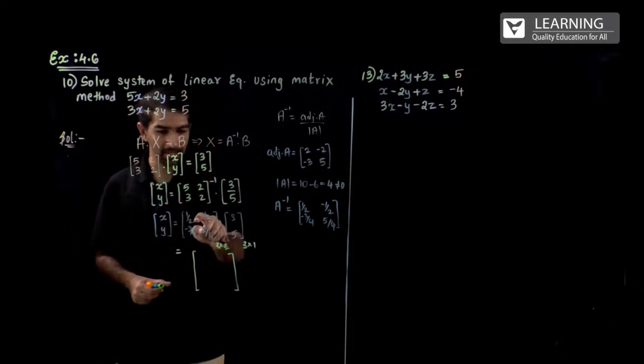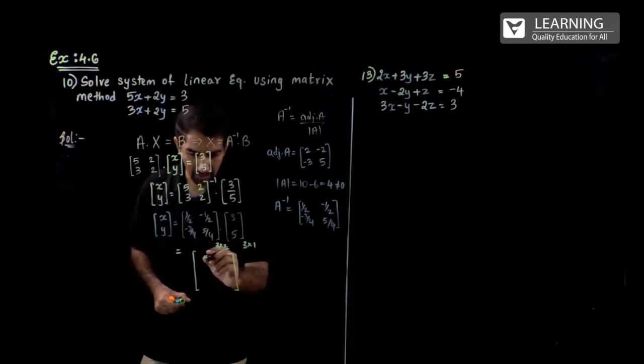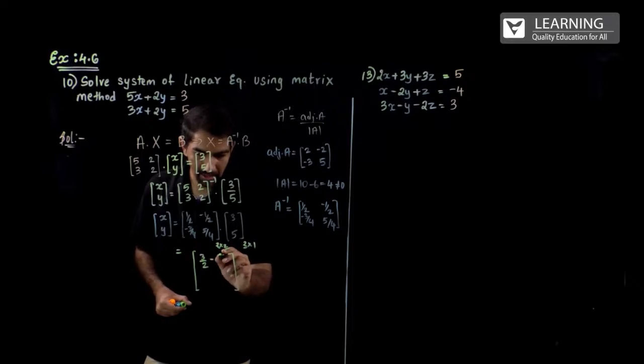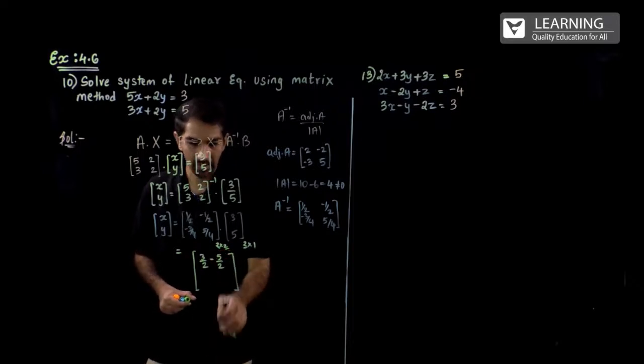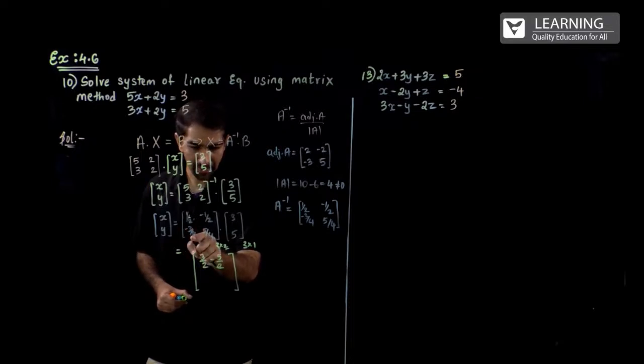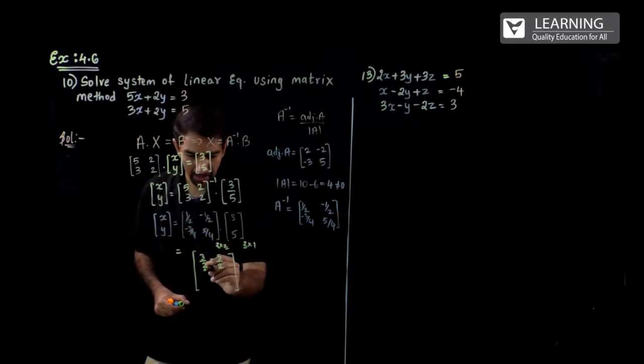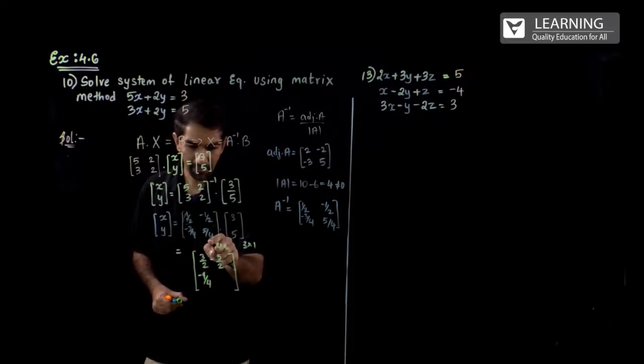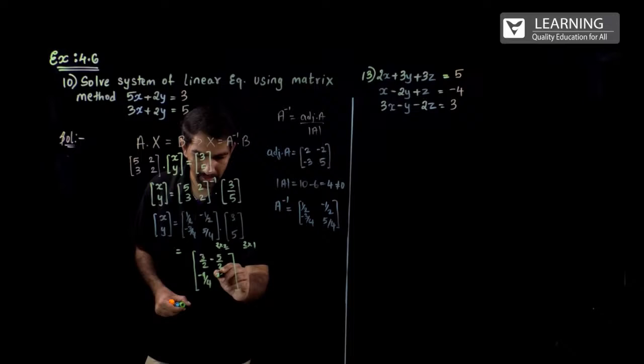Okay, now matrix multiply. 1 by 2 into 3, so that is nothing but 3 by 2. Minus 1 by 2 into 5, so that is nothing but minus 5 by 2. Same thing here. Minus 3 by 4 into 3, so that is becoming minus 9 by 4. And here 5 by 4 into 5, that is becoming plus 25 by 4.